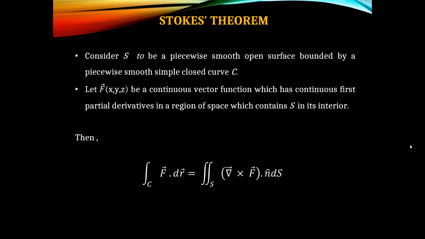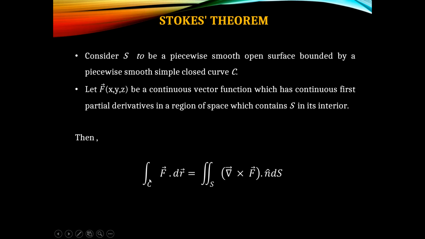Next we have the Stokes theorem. So once again we consider a surface S, and now this surface is bounded by a smooth closed curve denoted by the letter C. And again we consider a continuous vector function having first partial derivatives, given by capital F of x, y, z.